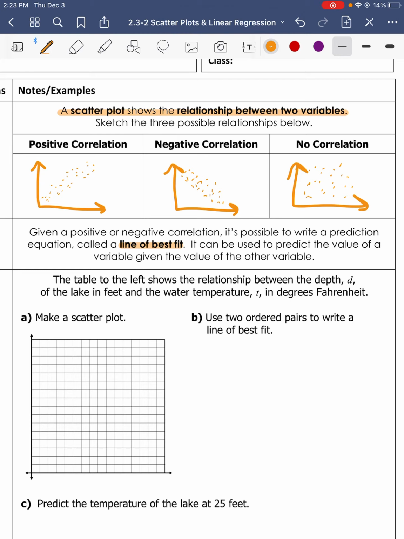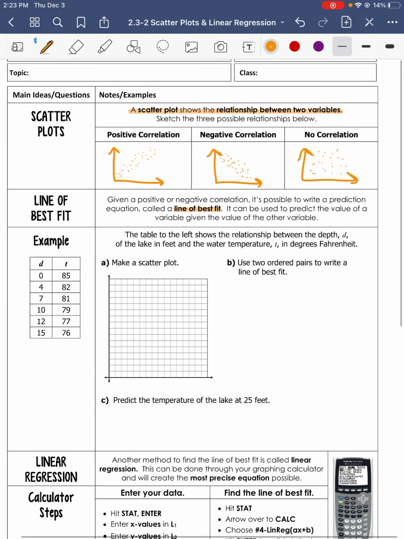And then we can use that line and that equation to predict what another point might look like. Okay, so with scatter plots it's real data that we're plotting, and then we can make our own guess using the line of best fit.